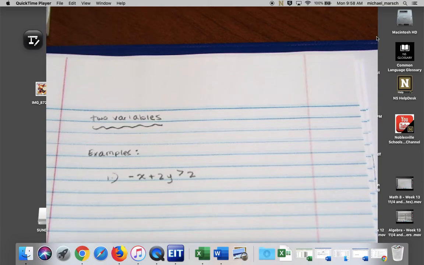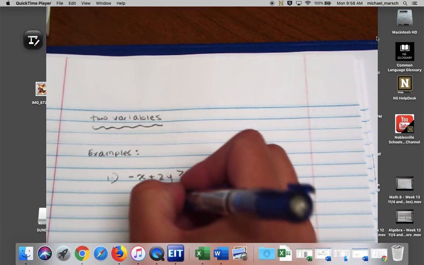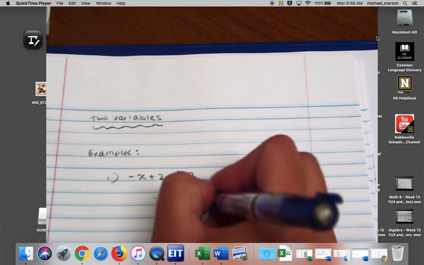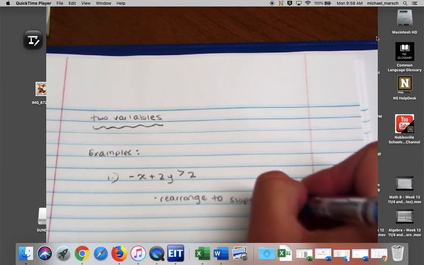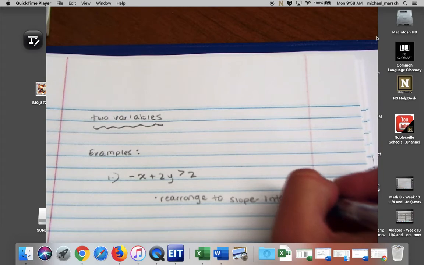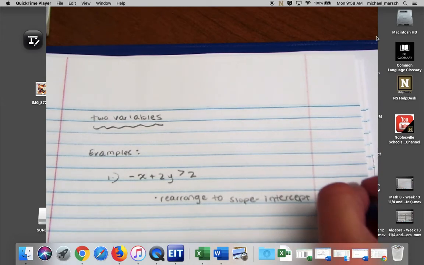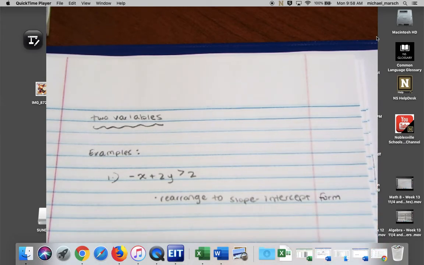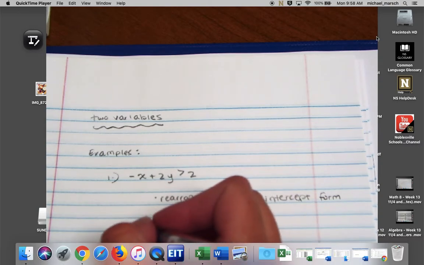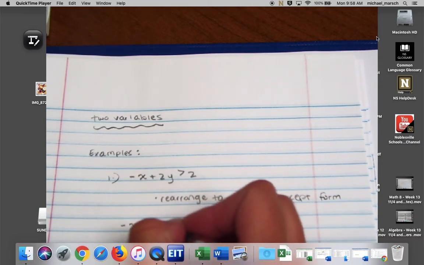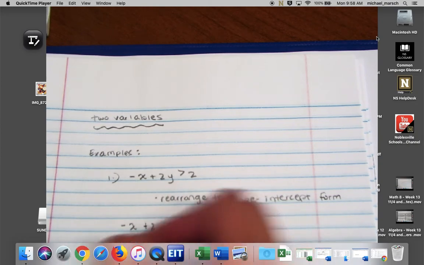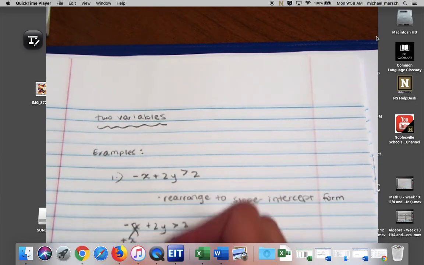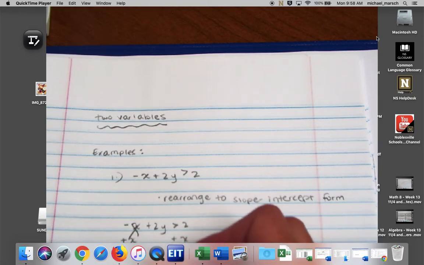But the first thing we have to do is rearrange to slope-intercept form. You guys thought we were done with it. We're not. We're just using it in a different way. Okay, so if I have the opposite of x plus 2y is greater than 2, easy peasy, I'm going to add the x. 2y is greater than x plus 2.